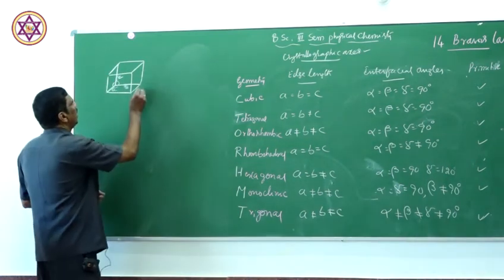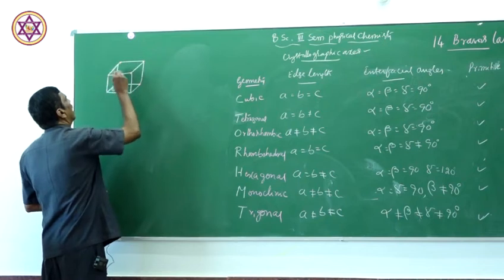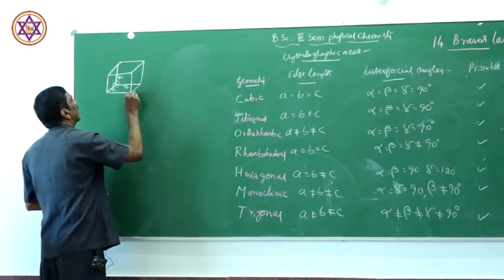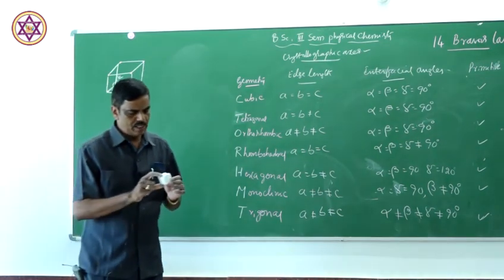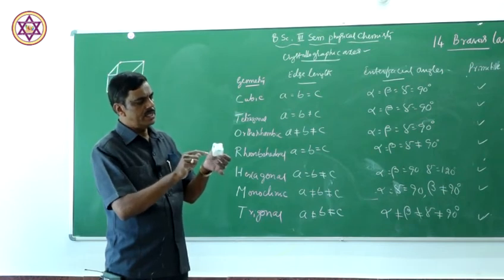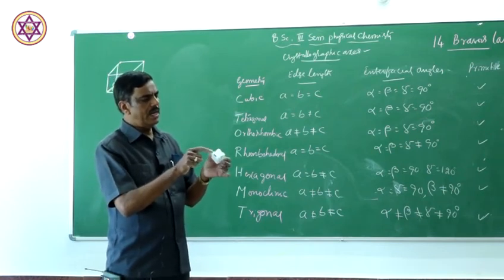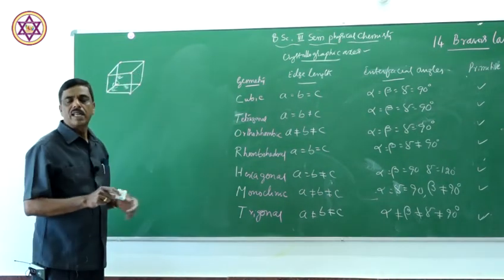In this primitive cell, all the atoms are at the corners. There are 8 corners in this cubic lattice, and in all the 8 corners, atoms are there. It is represented like this.